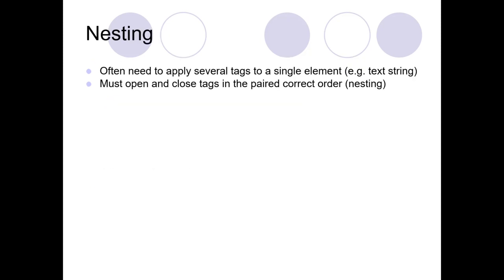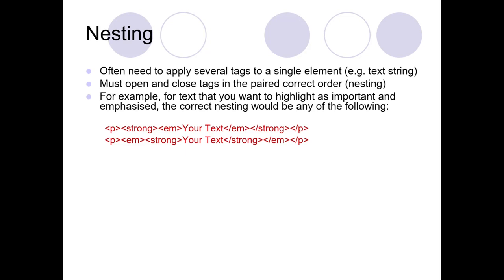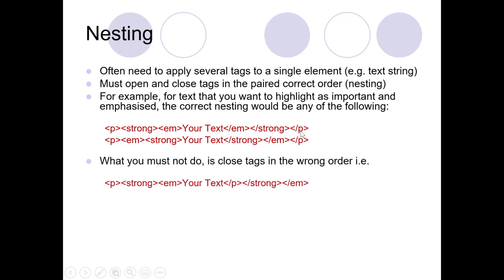One of those things was nesting. It's about opening and closing tags in the right, properly paired order. If you look at the bits of code there in the red color, these are correct because we start with a paragraph p tag and end with a p tag at the end. The second tag is strong, and the second ending tag is strong. The third one's em, in the right order inside there again. That would also be applied to the text in between.